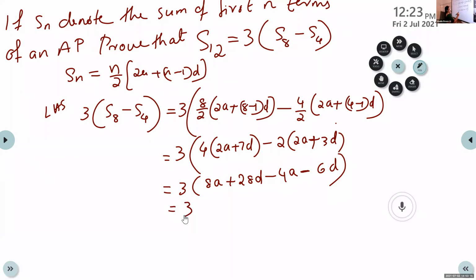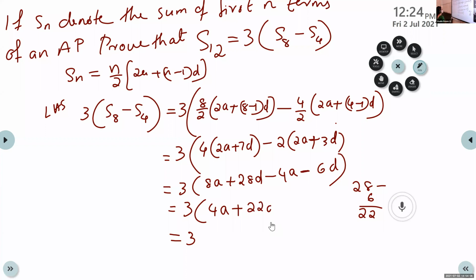So this is equal to 3 into 8a minus 4a plus 14d minus 6d, which is 22d. So 3 into 4a plus 22d.